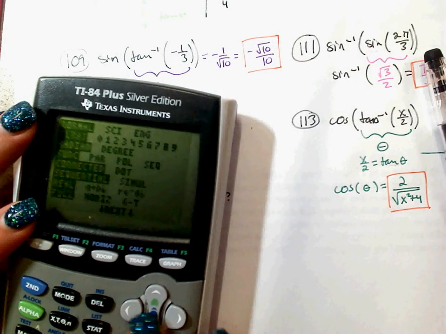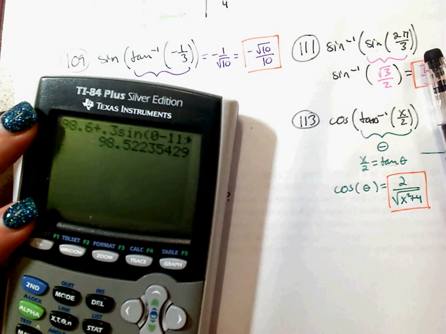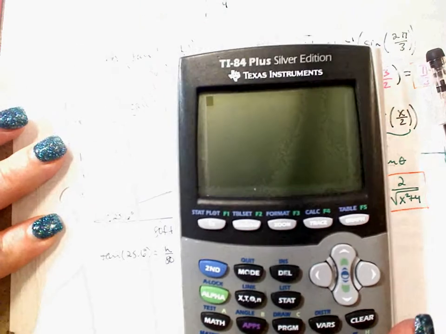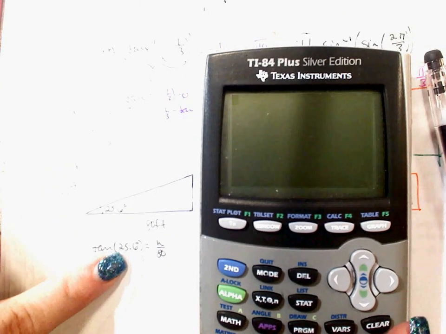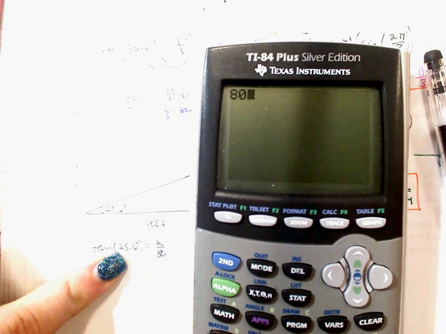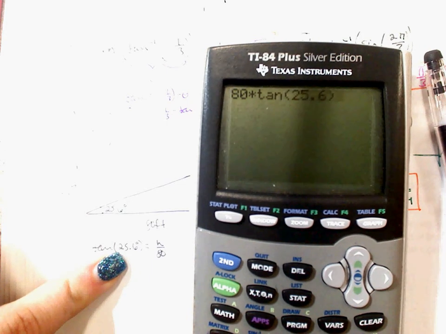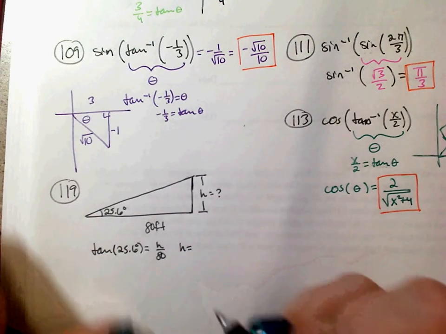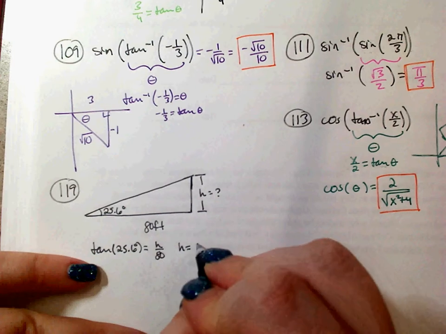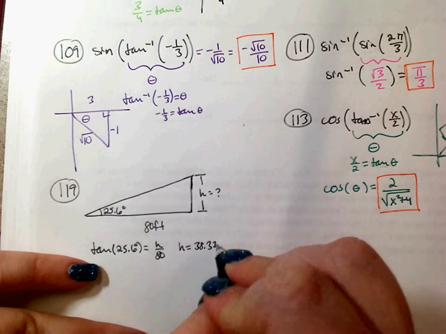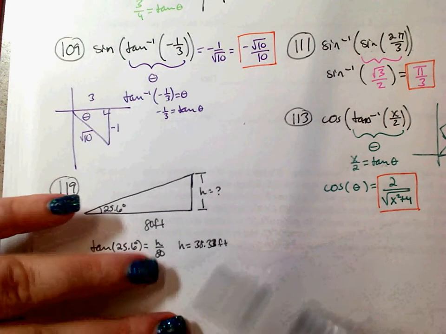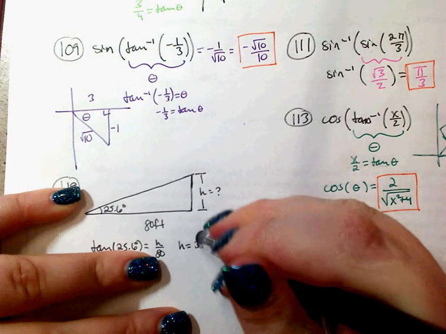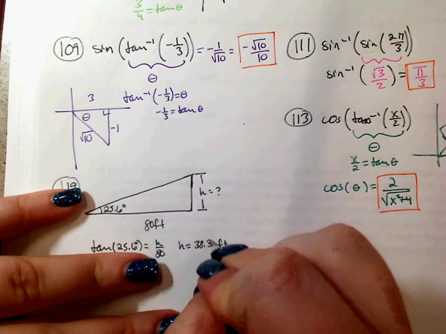So I do 80 times tangent of 25.6, and we get 38.33. Oh, degrees, that was ridiculous. 38.33 feet. Always make sure you know what unit you're trying to find. The height is not going to be measured in degrees.